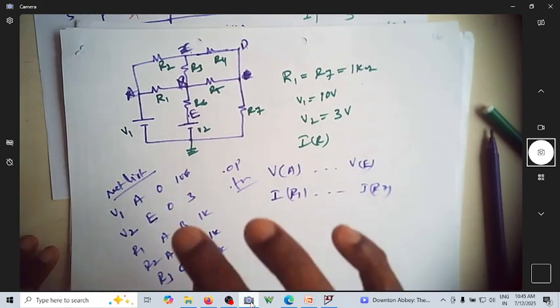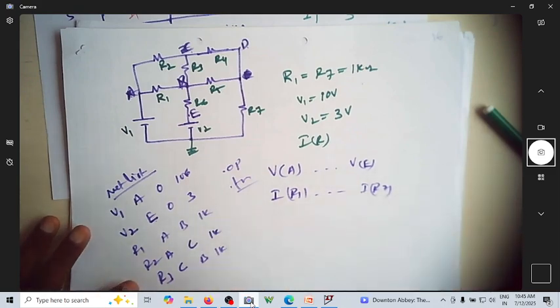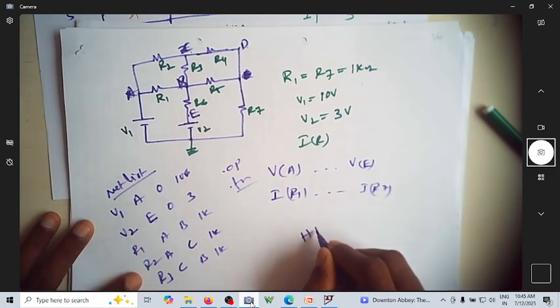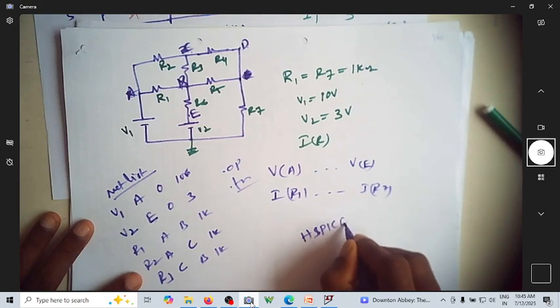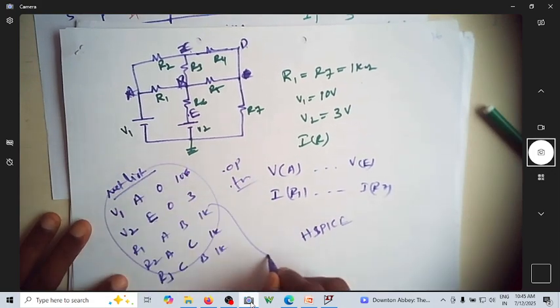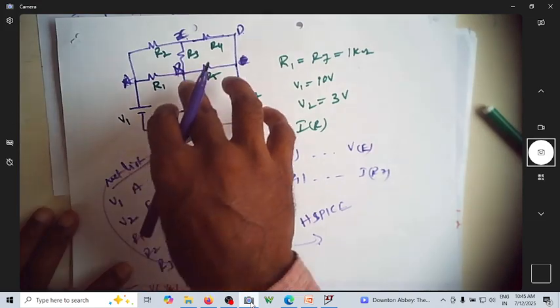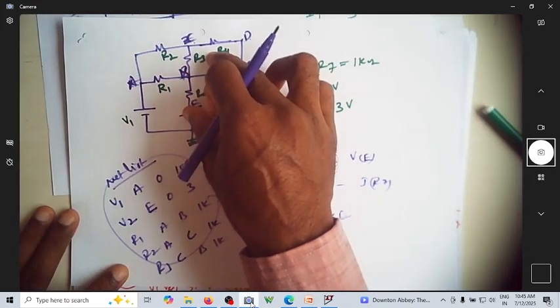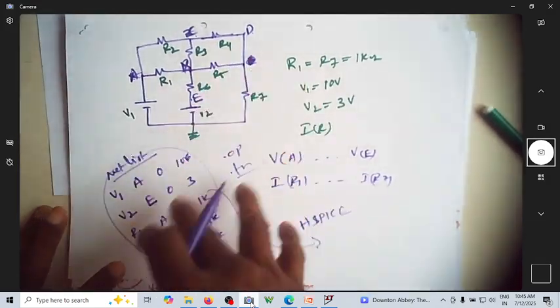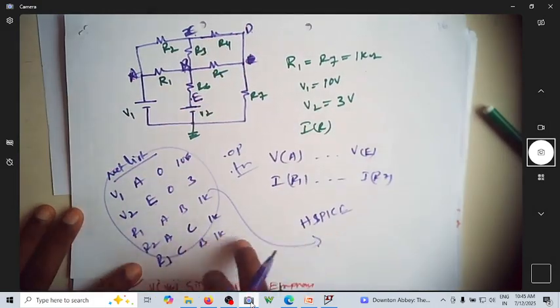In some high-end simulators like HSPICE, you are supposed to write this type of netlist for describing the circuit. I'm actually describing the circuit here: how the circuit is connected.